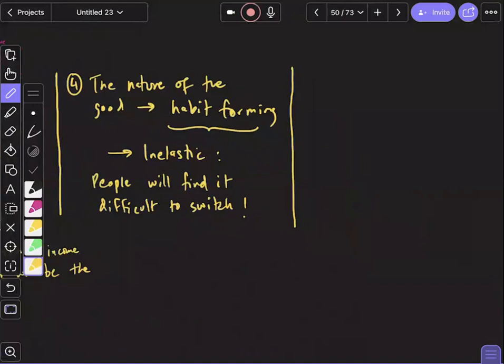Okay. The last point which we want to mention here is basically to do with time period. So time period matters a lot as well.